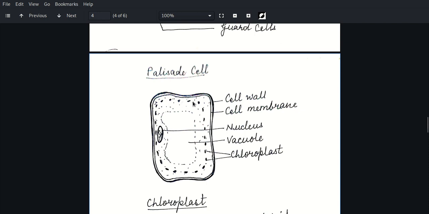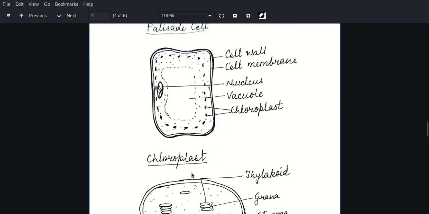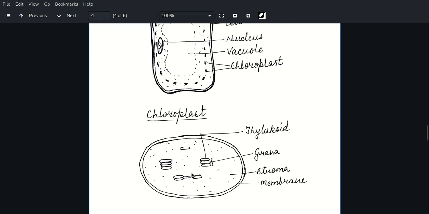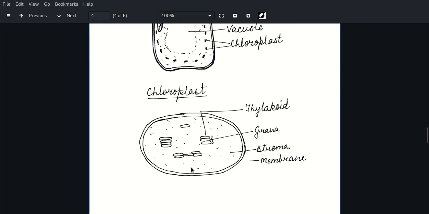So this chloroplast is the site for the process of photosynthesis. Now we have to study the structure of chloroplast molecule. This is a spherical structure, bilayered structure. It has two parts. One part is this matrix called as stroma.